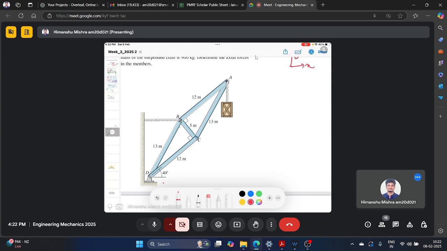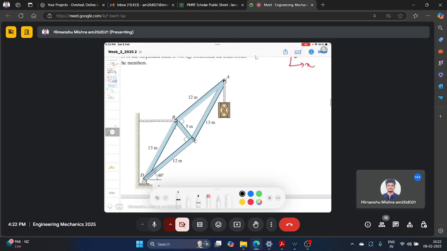So if I consider this triangle, I have already been given the sides, which are 5 meter, 12 meter and 13 meter. So I can find this angle. I already know this is 90, this is also 90.